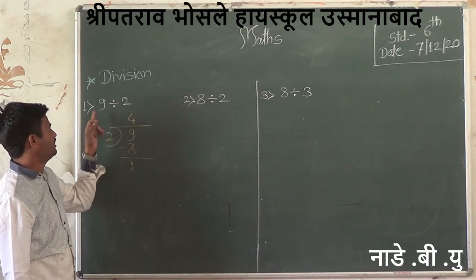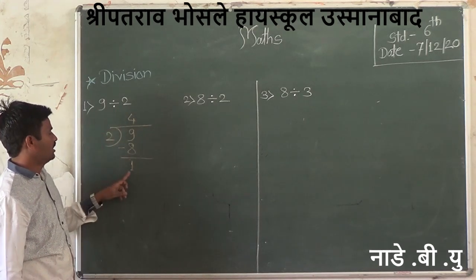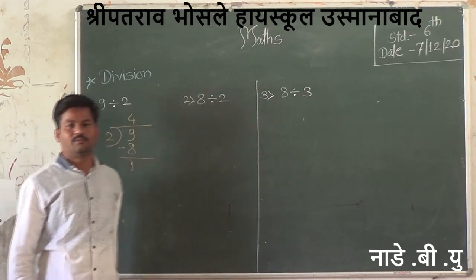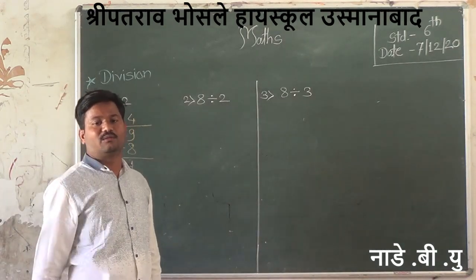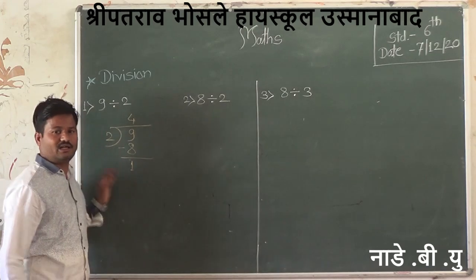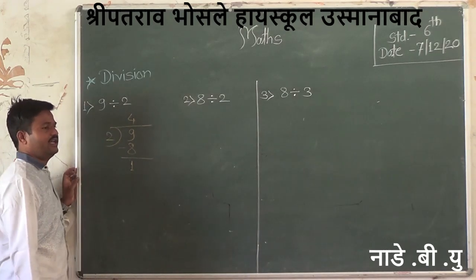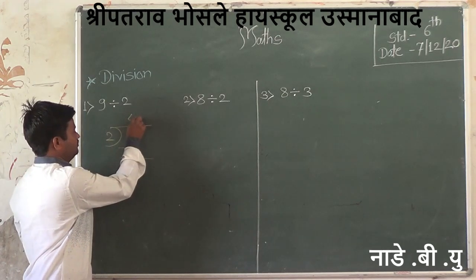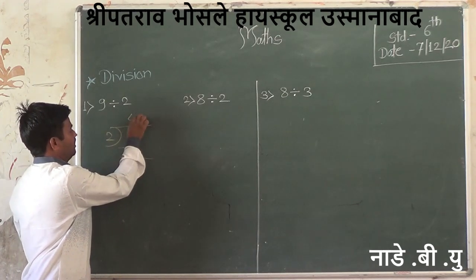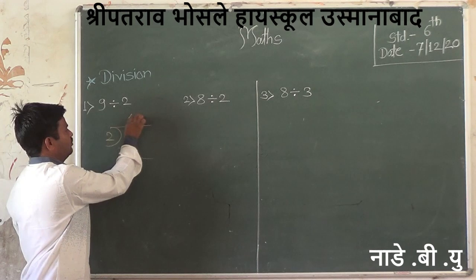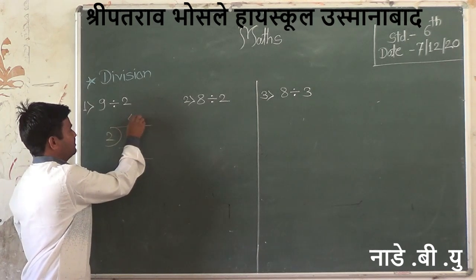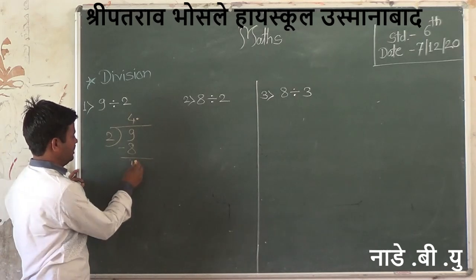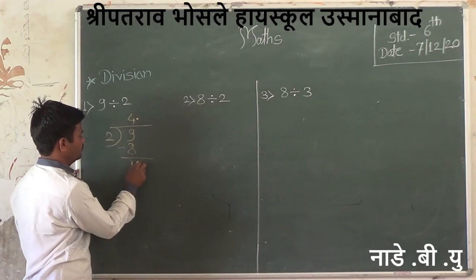In 9 divided by 2, the remainder is 1. If a number is not completely divided by another number, then we take a decimal point in the quotient. In place of the decimal point, take 0.